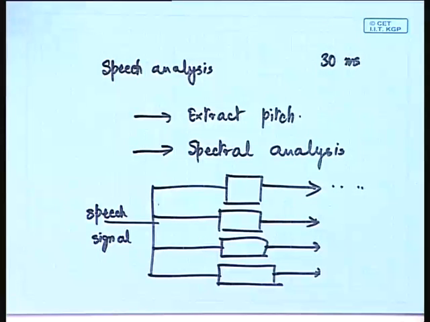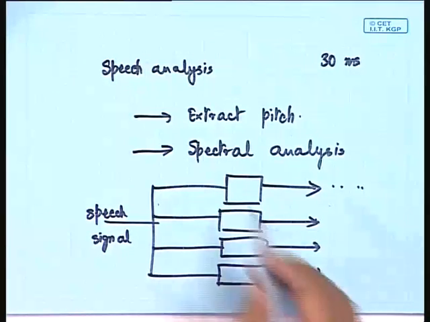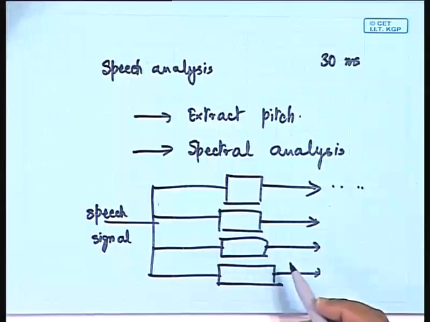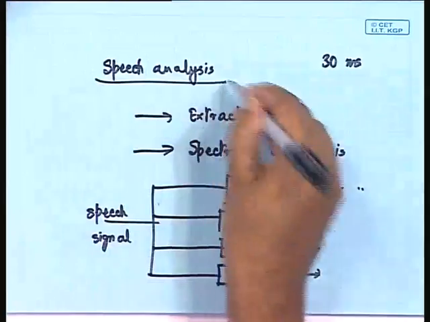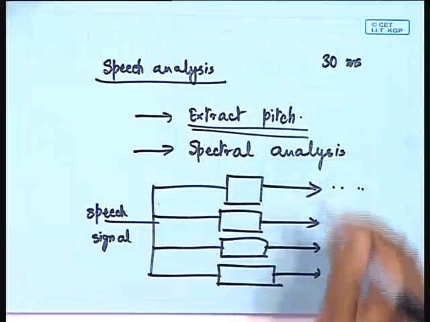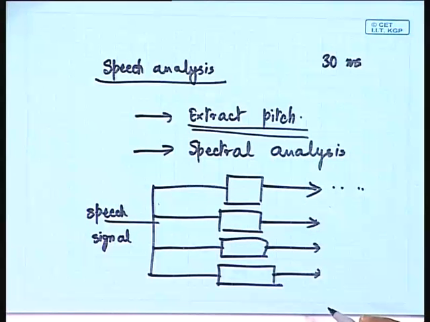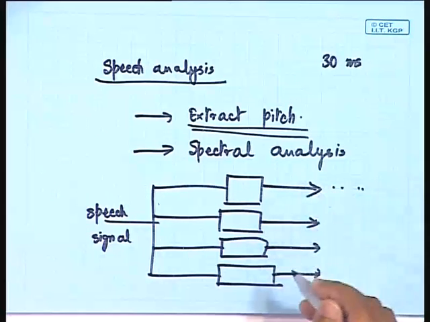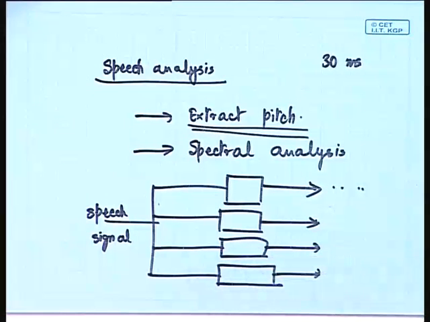So, if we have the individual band energies, and if we also extract the pitch information reliably, then we can have an encoding after our speech analysis results. How? First of all, we will encode the pitch information, that is, the pitch frequency that we have observed, and we will also encode the energy of the different filter banks.